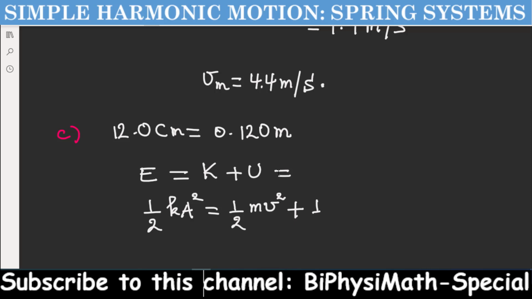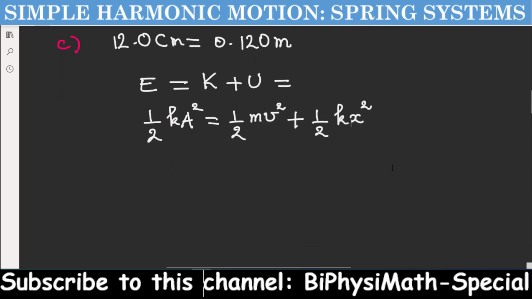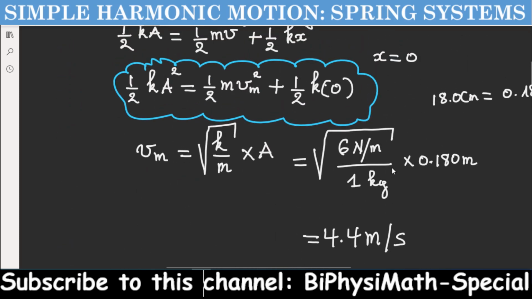Plus half k x squared. Here we are given the position. We don't use equilibrium position.